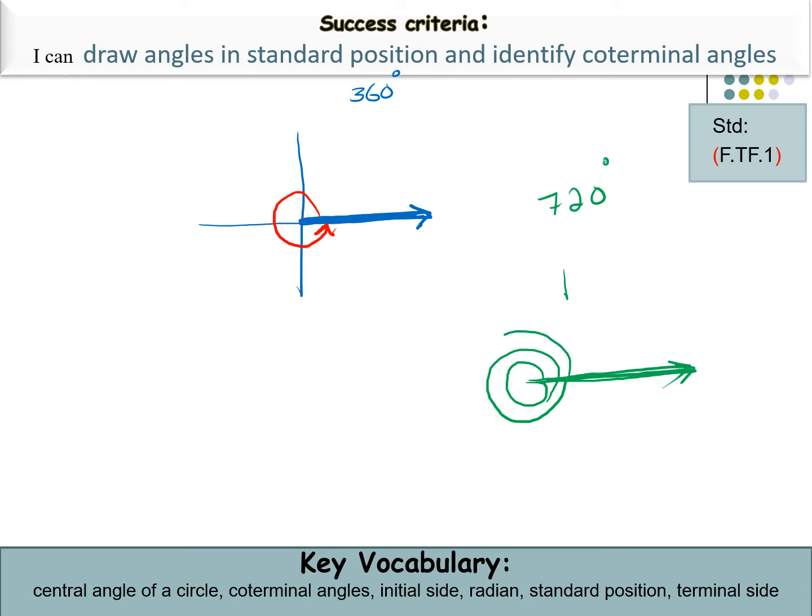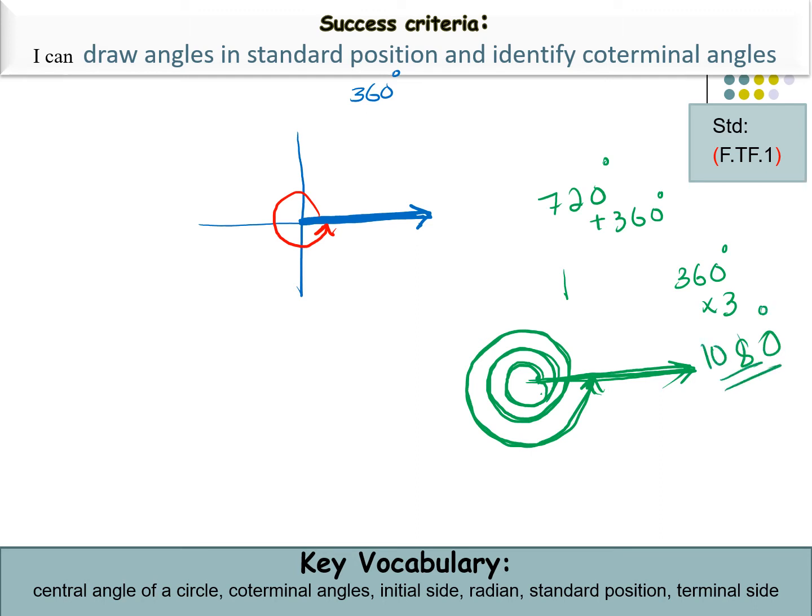If you rotate one more time, it means 720 plus 360, so you have rotated three times, or you can say 360 times 3 rotations. The rotations will be shown like this: one here, then the second rotation, and now the third rotation. You have made three rotations, so you have made 1080 degrees. I hope you understood this.